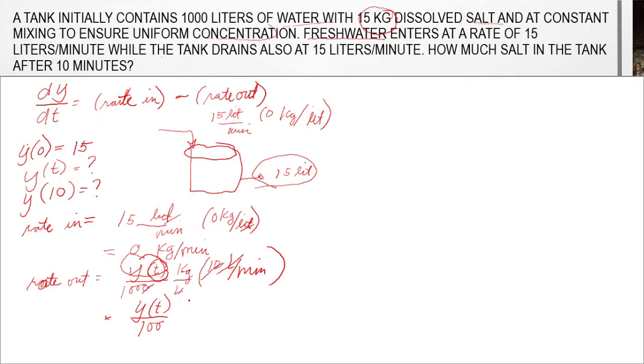We have to erase that. So this is in kilograms per minute. So this means that dy over dt is just equal to 0, your input, minus your output, y of t over 100.